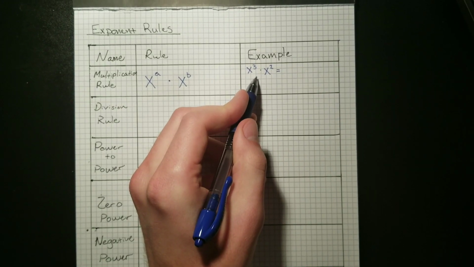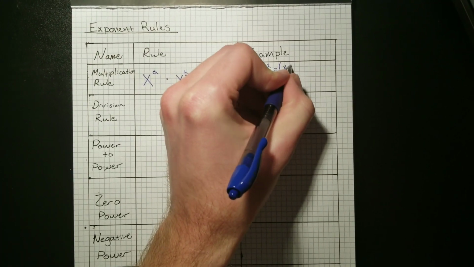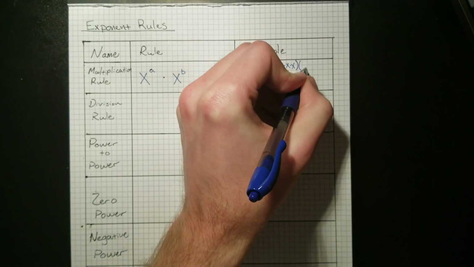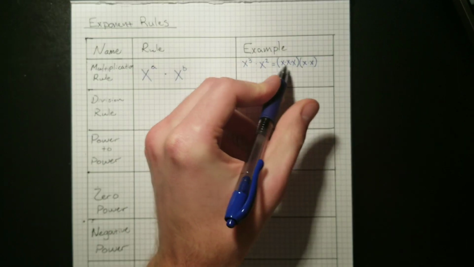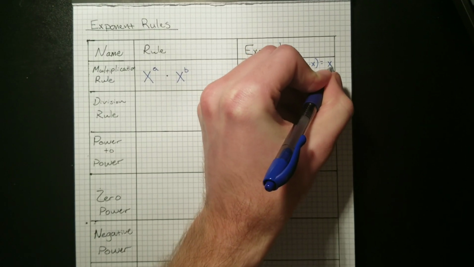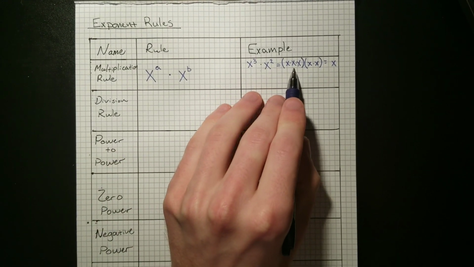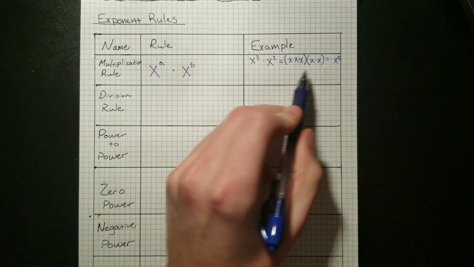We're going to expand that like we were doing yesterday. x cubed is the same as 3 x's, and x squared is the same as 2 x's. If you combine all of those, you get 5 x's, so x to the 5.